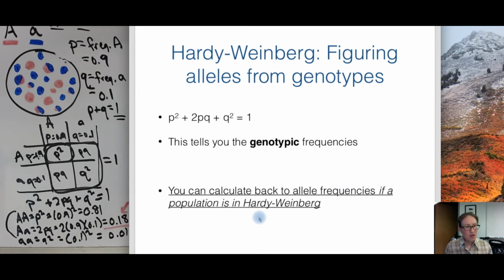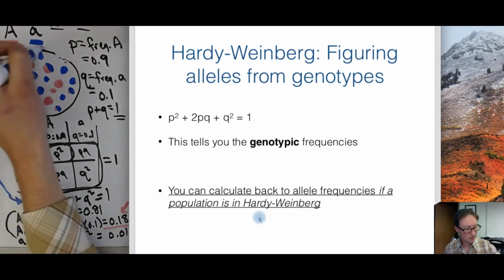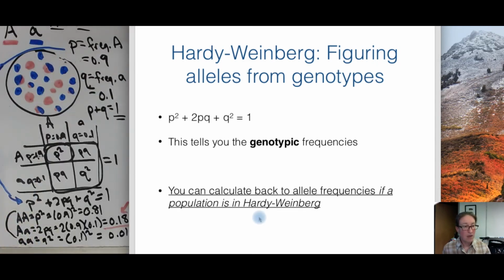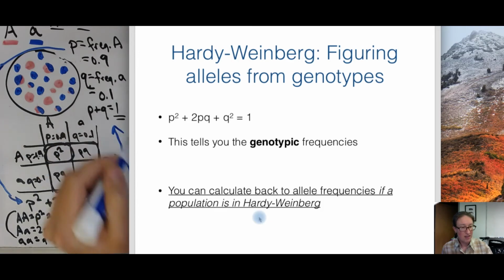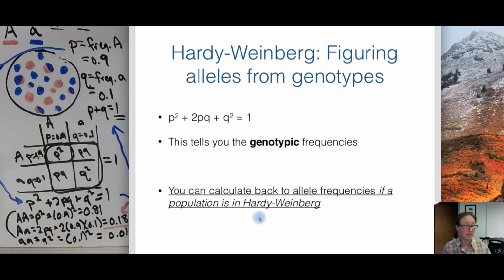Okay, right, so we can use this expansion, the P squared plus 2PQ plus Q squared equals 1, to go from our allele frequencies to our genotype frequencies, right? But you can actually also calculate back to the allele frequencies from the genotype frequencies if you know your population is in Hardy-Weinberg equilibrium.